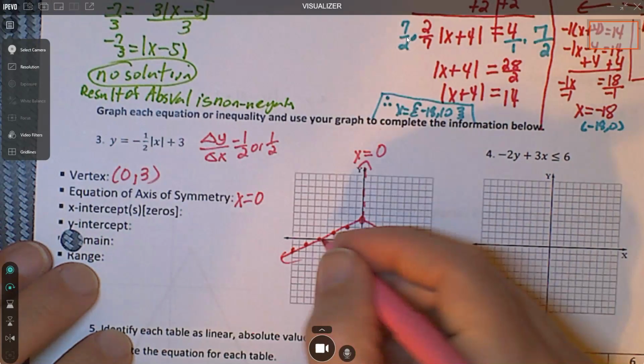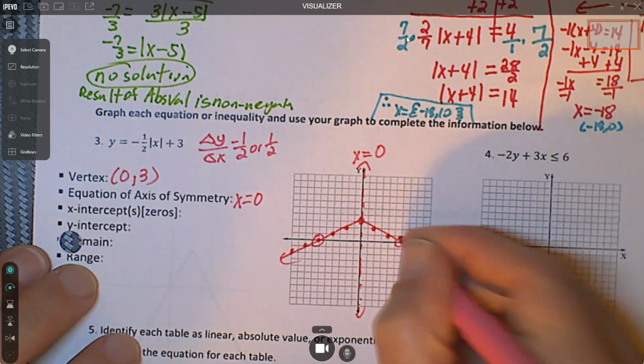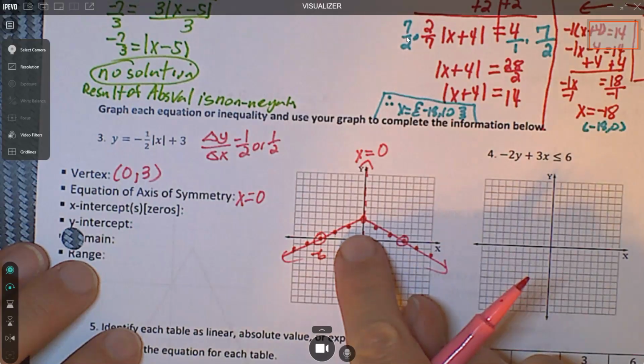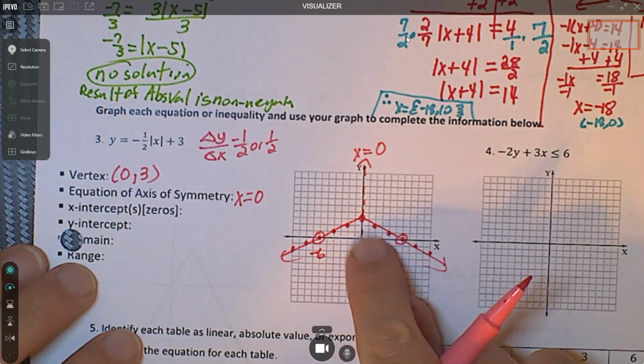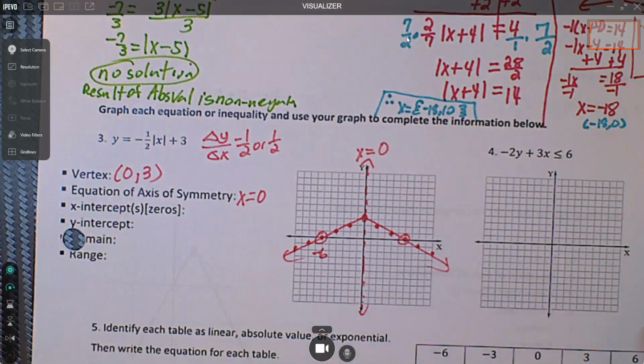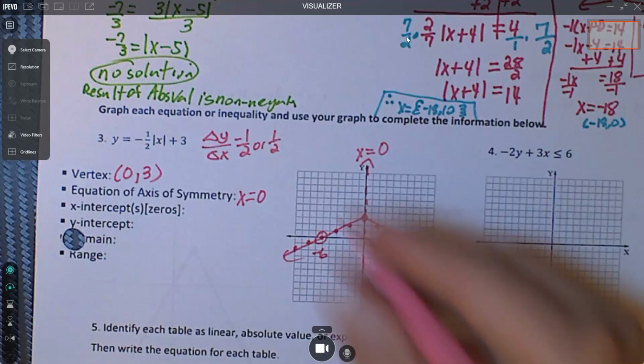The x-intercepts are right here. Thank goodness. They're the same distance from the axis, so down 3, left 6 is the same thing as down 3, right 6. So it's kind of cool.